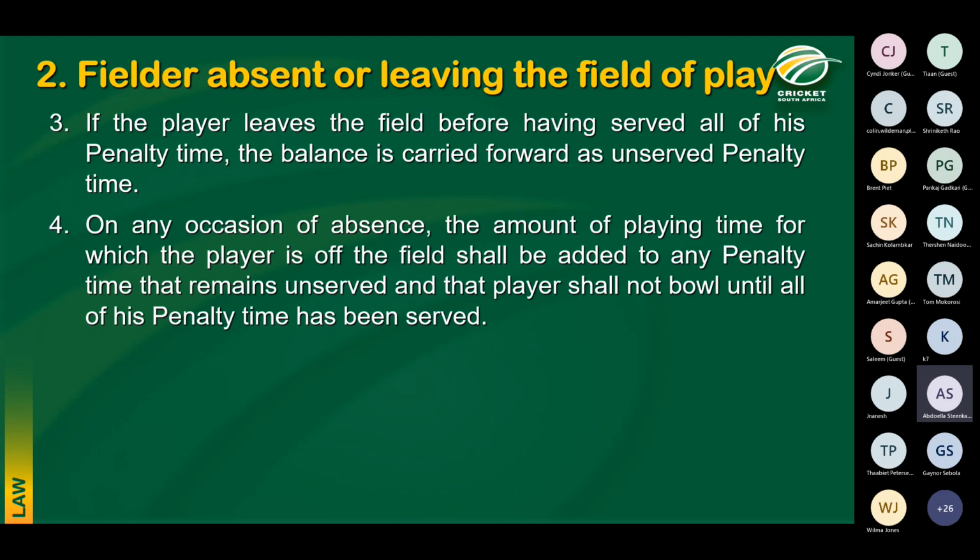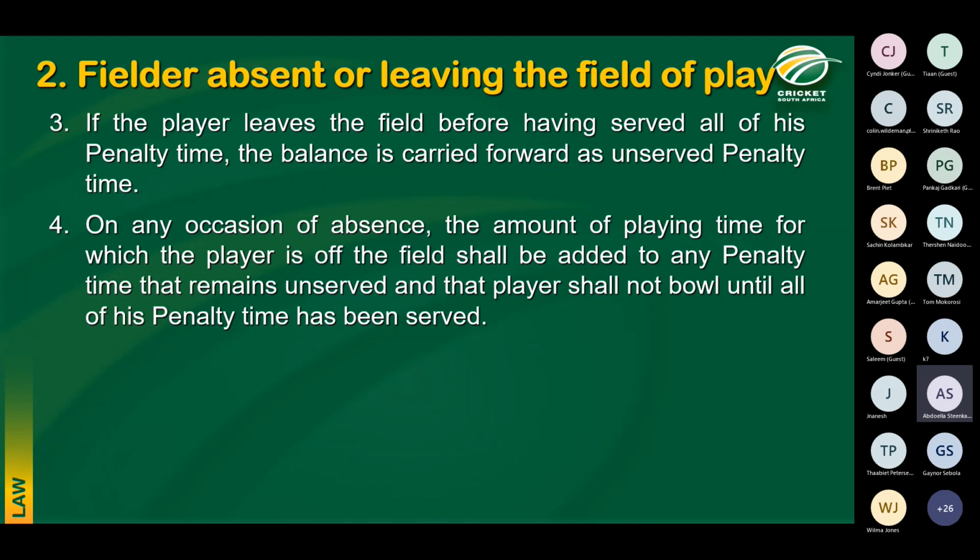So Johnny at 11 o'clock owed us 30 minutes. Johnny then fielded for 10 minutes because at 10 past 11, Johnny left the field again. As I explained, once you're fielding, you can reduce your penalty time by the amount of time that you've been on the field. Because Johnny was on the field for 10 minutes, at 10 past 11, when Johnny left the field for the second time, Johnny owes us 20 minutes.